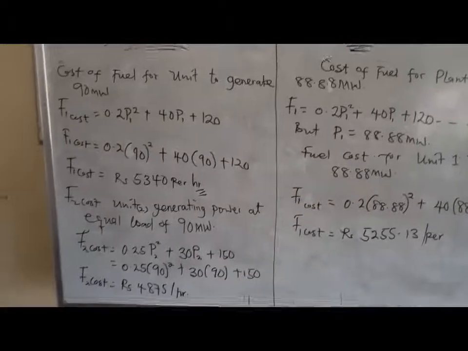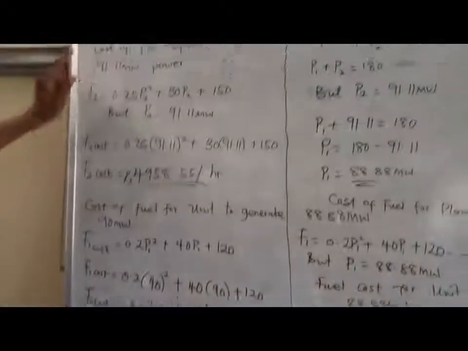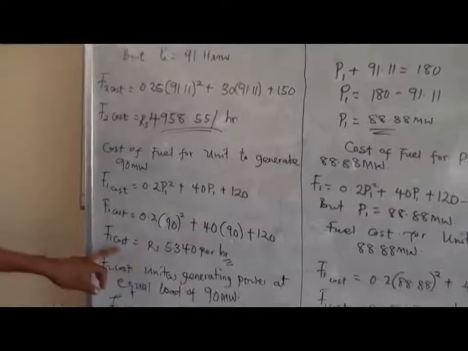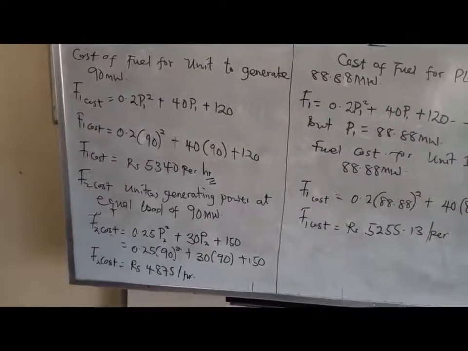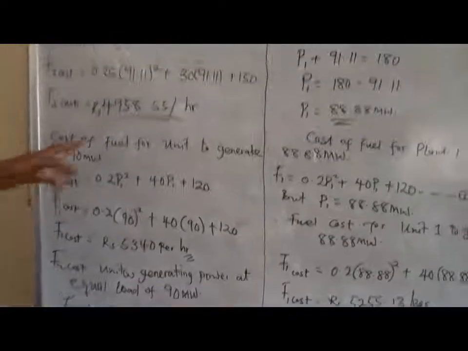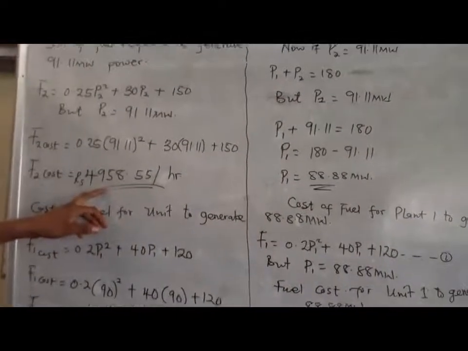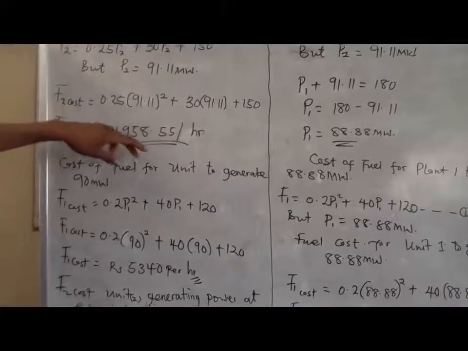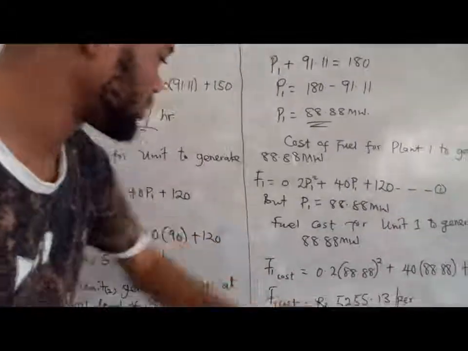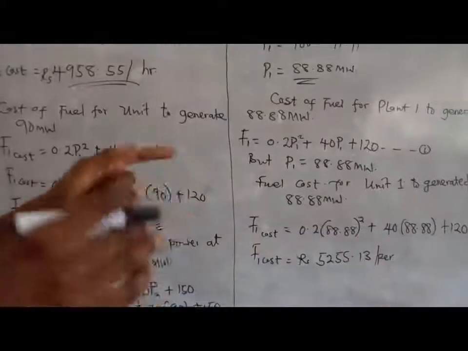So on equal load it will be this plus that. Then on no equal load, it will be this value plus this value. Then we get the difference to see at what load we save.